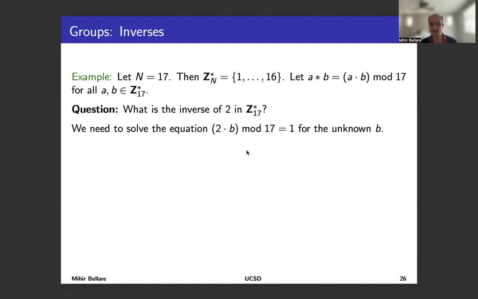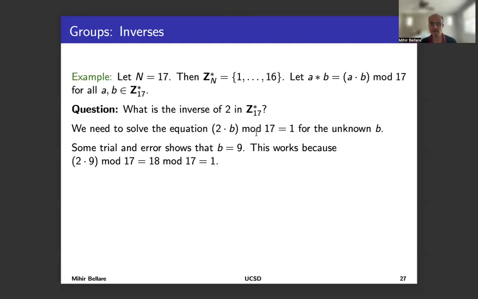You could just do trial and error, or you could notice that 18 is 2 times 9, and 18 mod 17 is 1. But either way, the answer is 9. You can check that 9 times 2 is 18, and 18 mod 17 is 1.